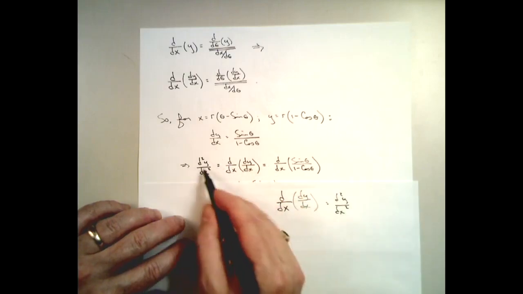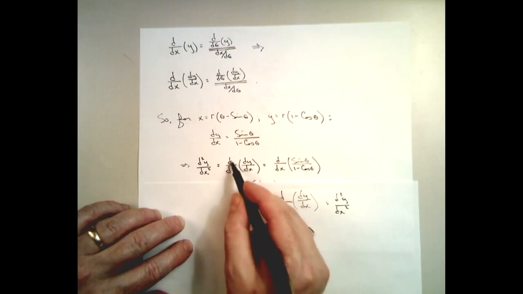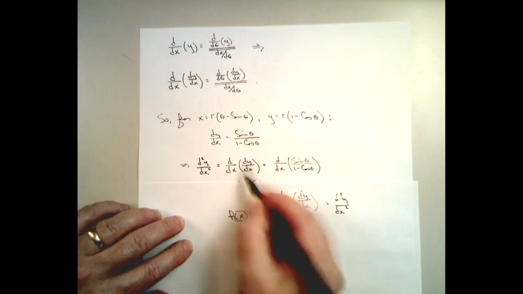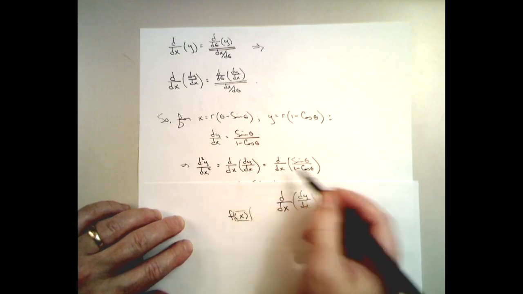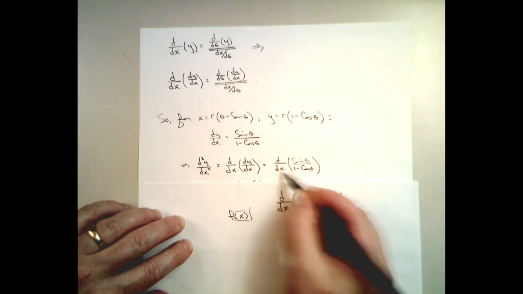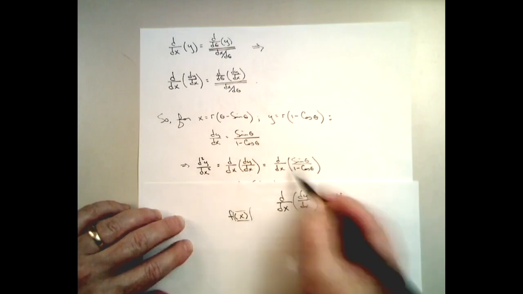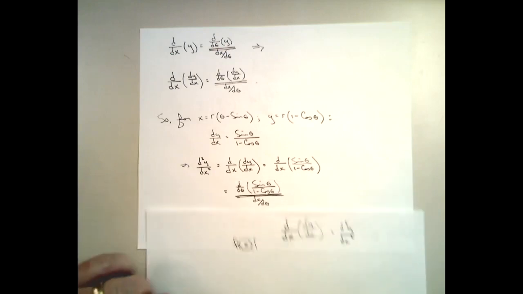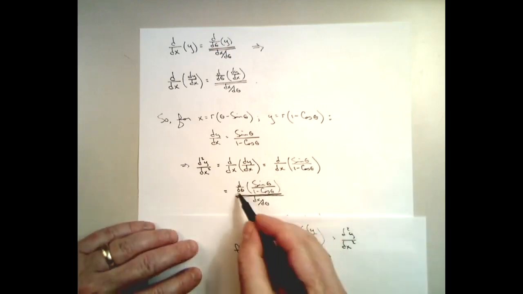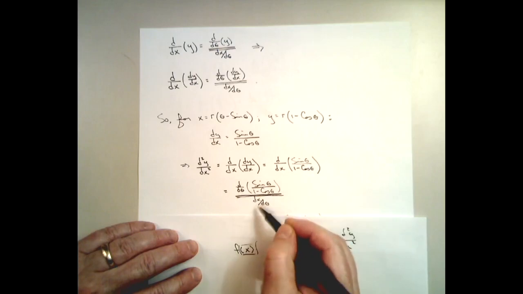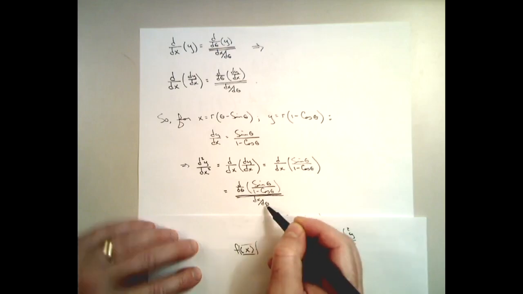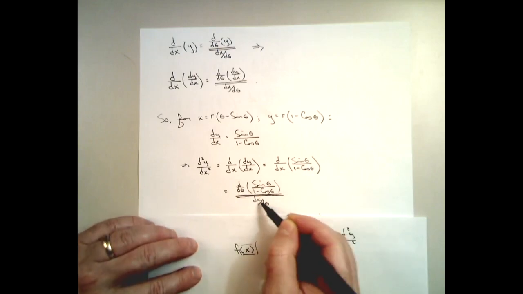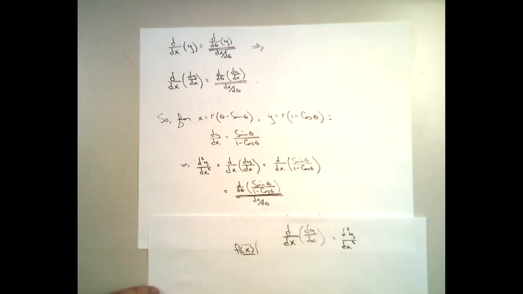So here we go. The second derivative of y with respect to x is the derivative with respect to x of the first derivative. And here's the first derivative. And so how did we do that? Well, that's the derivative with respect to theta of this guy over the derivative of x with respect to theta.